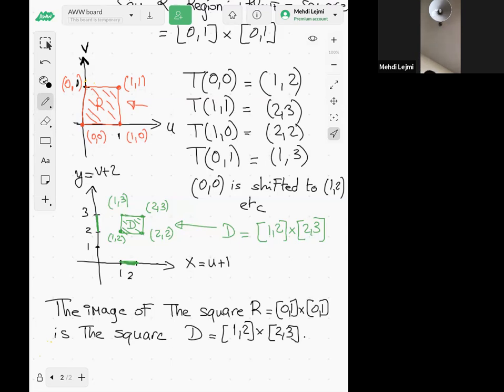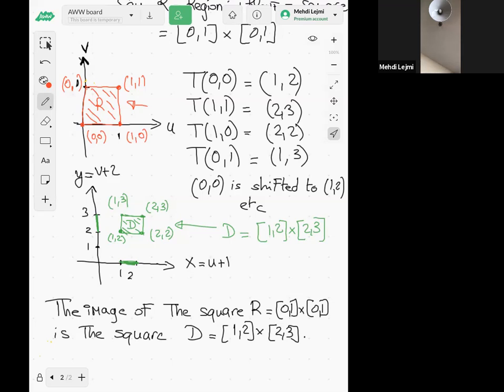Okay. So in other words, you started with this red square [0, 1] cross [0, 1], and it is translated to this square [1, 2] cross [2, 3], right?